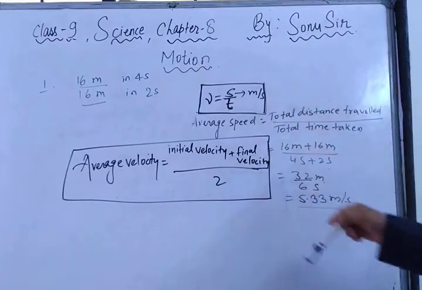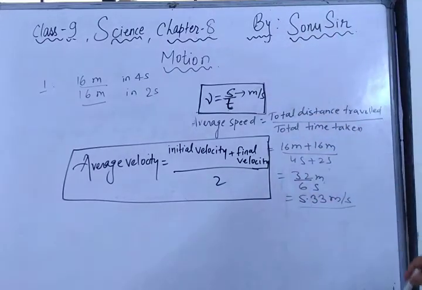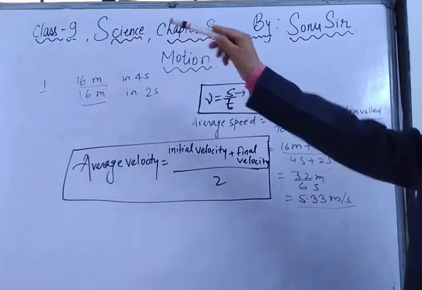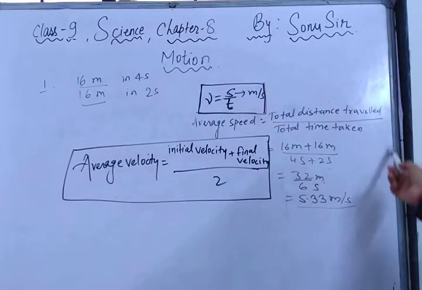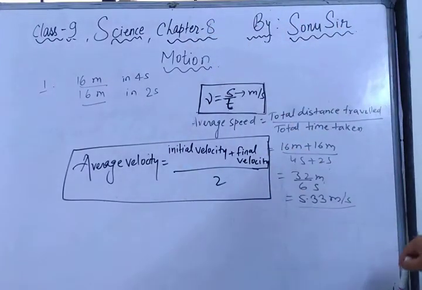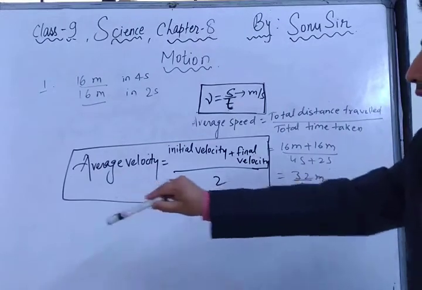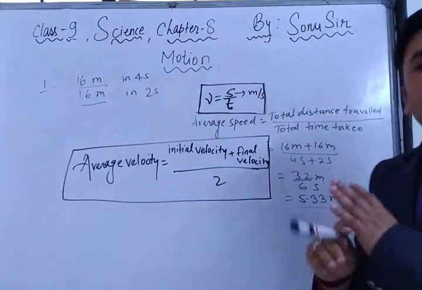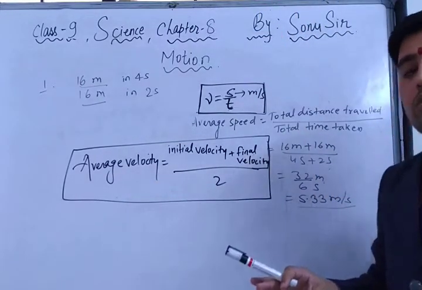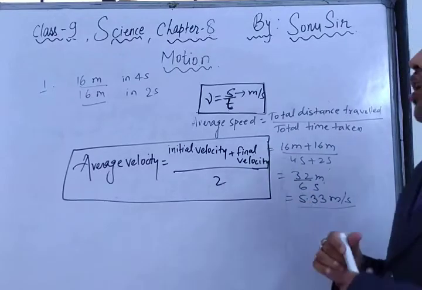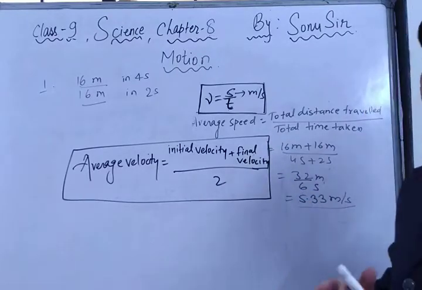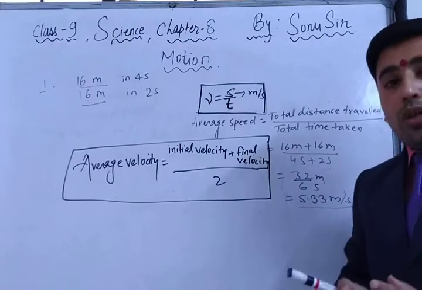Distance, I told you, is the moving path. I am moving from here and I want to reach that corner. I can either start from here and go there, or go in any direction. That's why its name is distance. But displacement means the shortest distance between the 2 points.